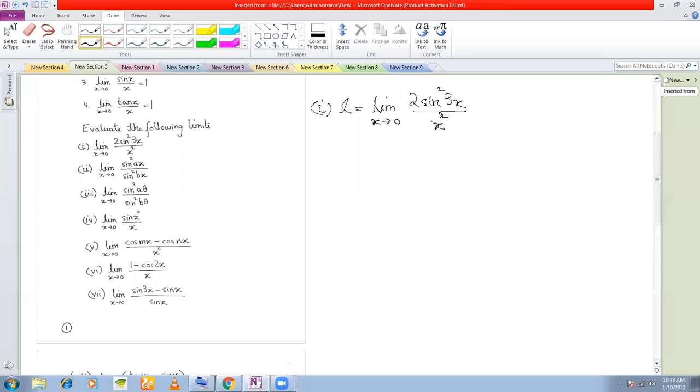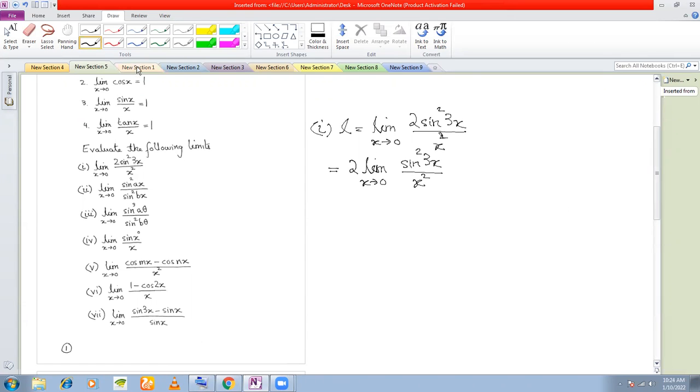So observe the crucial steps in these introductory sums. So what I'm going to do is, first of all, 2 is a constant, so I'm going to take it out of the limit. I'm going to write this as 2 limit x tends to 0 sine square 3x divided by x square. Now we want to bring this limit to this form, this one.